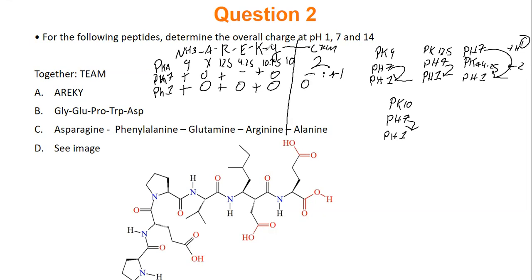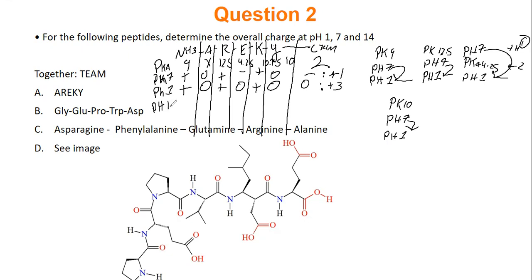Let me just make little bars so we can follow this easier. So at a pH of 1, we are at a +3. Basically, at low pHs, everything that's negative becomes neutral.